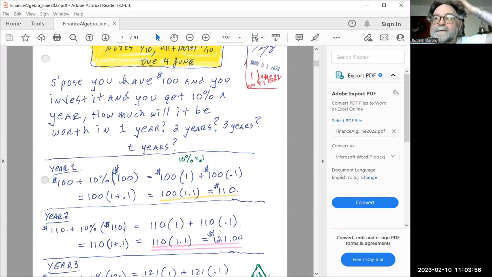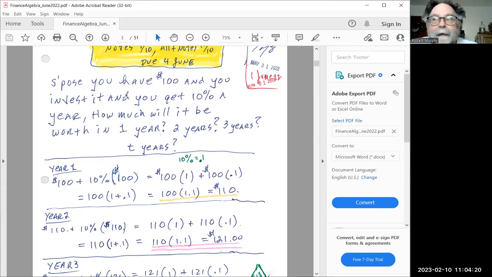We're using a simple example, not because I think you're stupid, but because I found in my years of teaching that it's easier. We don't get distracted by all the algebra.